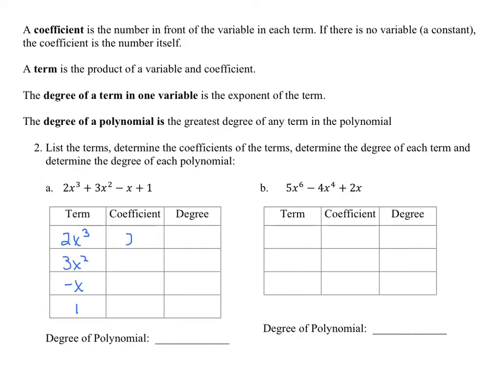The coefficient is 2 on this one, 3 on this one, -1 on that one, and 1. The degree of this guy is the exponent, the exponent, the exponent, no exponent. The degree will be 0. The degree of the entire polynomial is the highest exponent in its degree, 3.